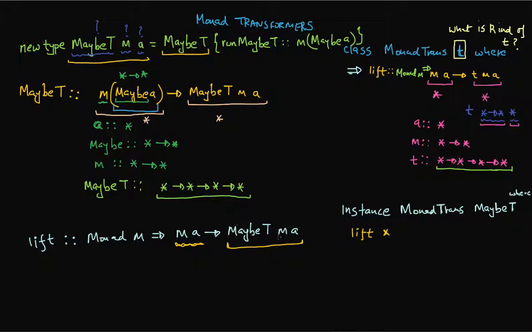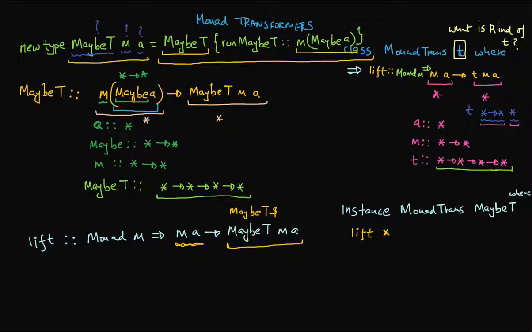Well, one such value that has a type of MaybeT m a is this value right here. MaybeT is a type constructor that I can use to create that value. So as an example, I'm going to invoke my value constructor MaybeT, and inside it I might pass in something of the type m of Maybe a.